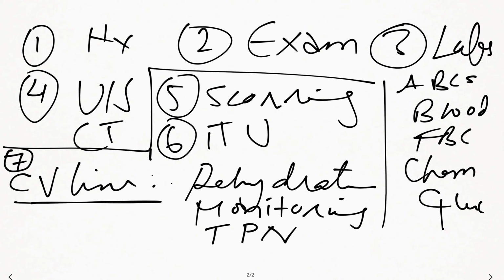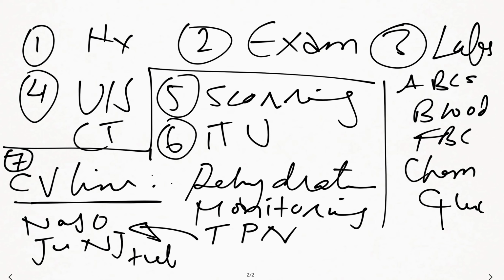Why? Because you are going to give this patient total parenteral nutrition because you want to rest the pancreas. There is an alternative other than this, which is a nasojejunal or NJ tube.